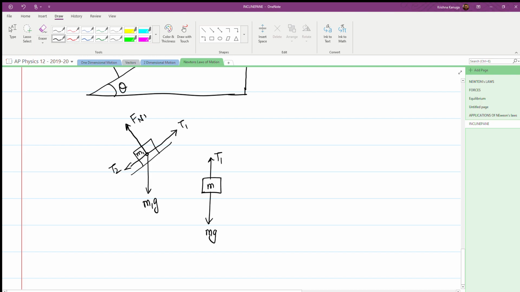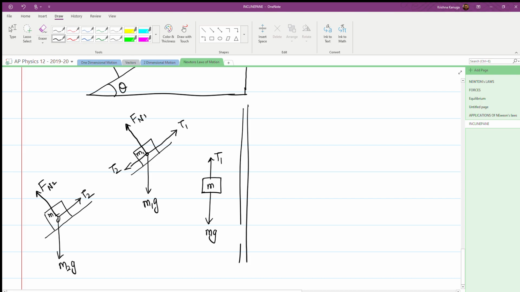So do not forget, you cannot ignore T2 pulling it down. Now for block M2, we have M2G pulling it down, T2 pulling it up, and FN2 perpendicular to the incline. So this would be our free body diagram.